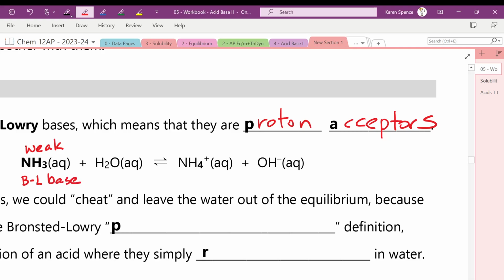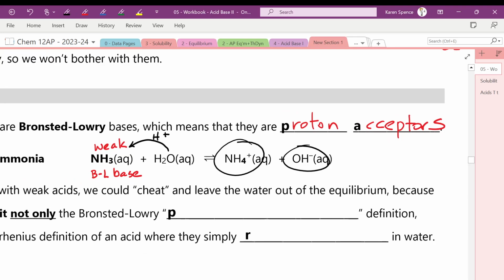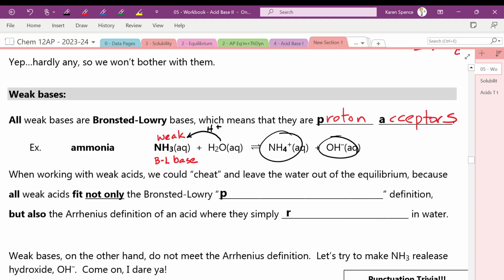And so it accepts a hydrogen, and we end up with NH4 plus and OH minus. With weak acids, we could cheat and leave the water out of the equilibrium because all weak acids fit not only the proton donor definition, but also Arrhenius.